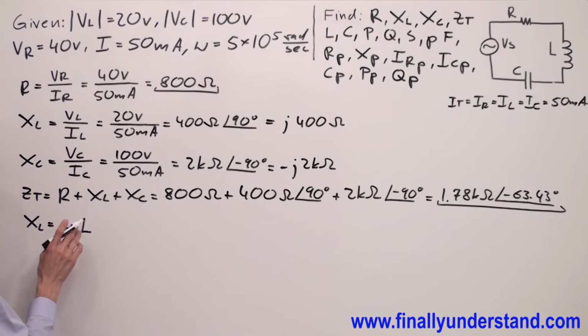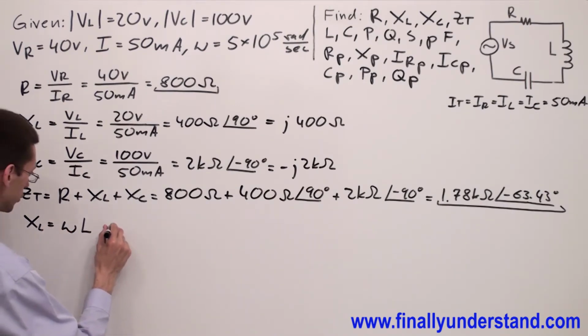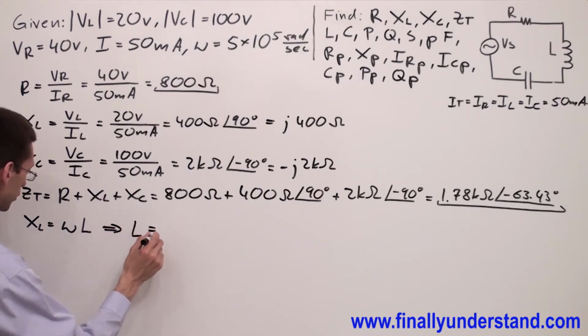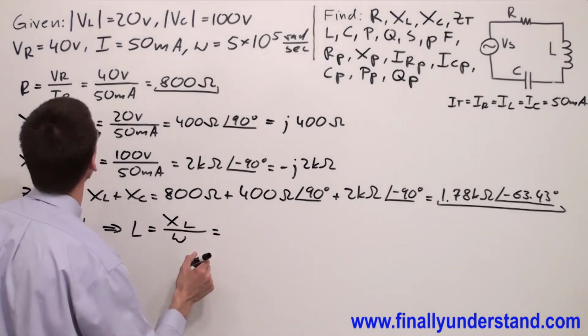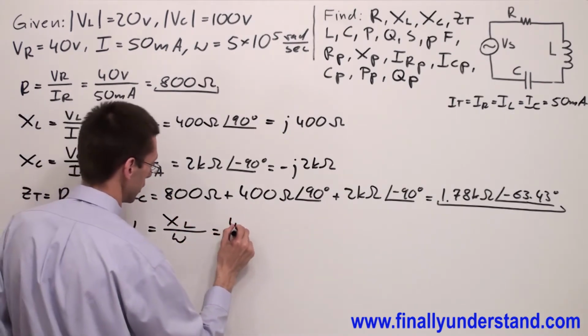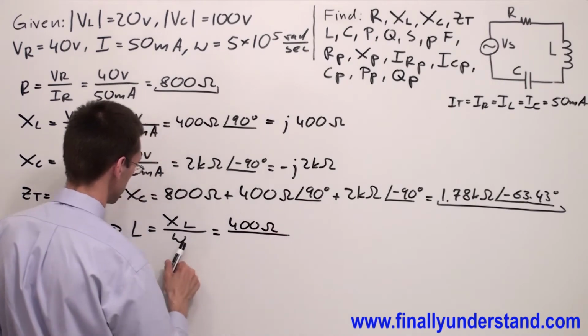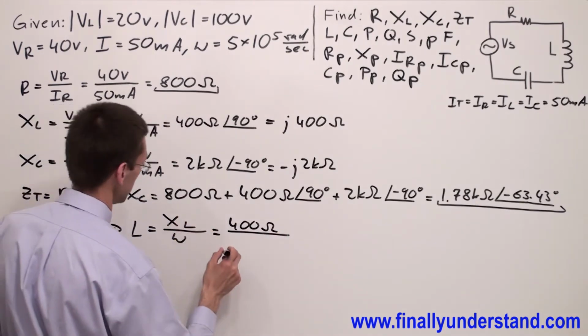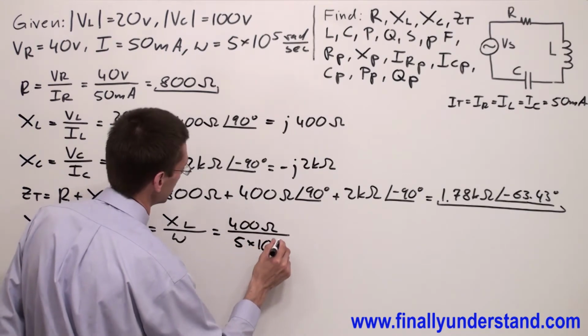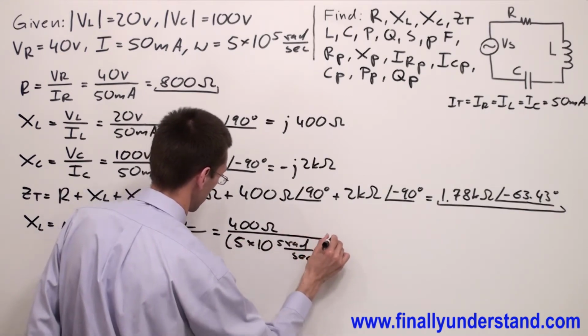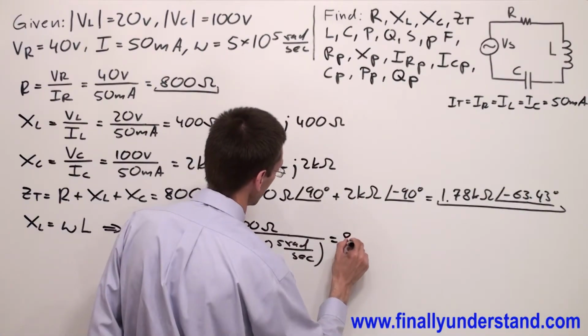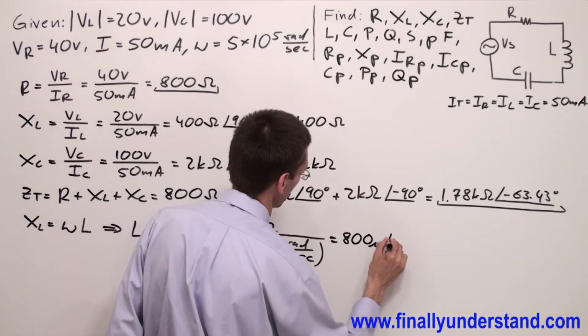If you're looking for inductance, you're not supposed to include angle or J. So solve this formula for L, and you're supposed to obtain L equal to X of L over omega, which is equal to X of L we found, 400 ohms, divided by omega, which is given and has value 5 times 10 to the 5th radians per second, which is equal to 800 microhenries.